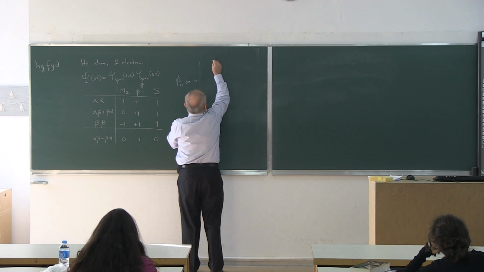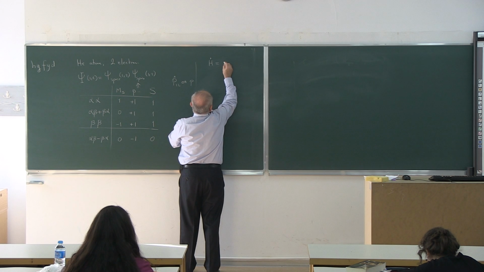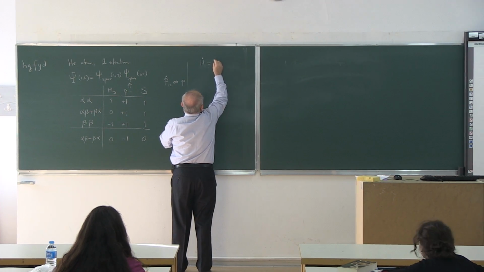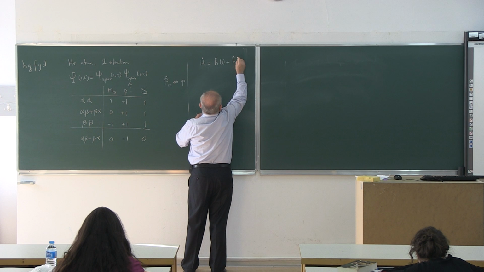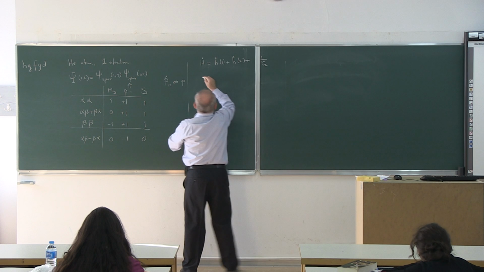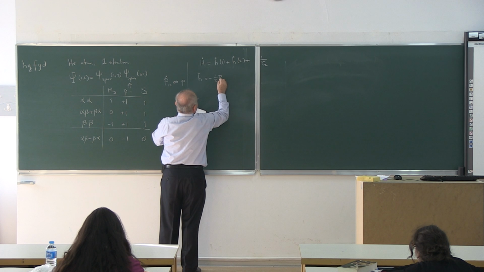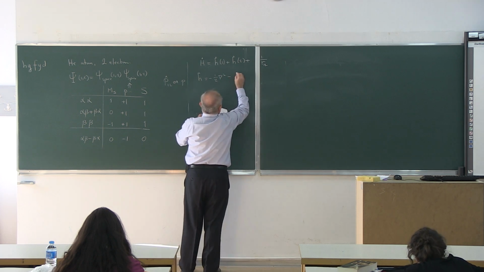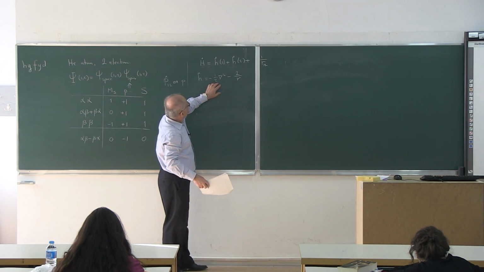Now, let us write the full Hamiltonian for the helium atom. Here, h is minus 1/2 del square minus 2 over R, a 1 electron Hamiltonian.